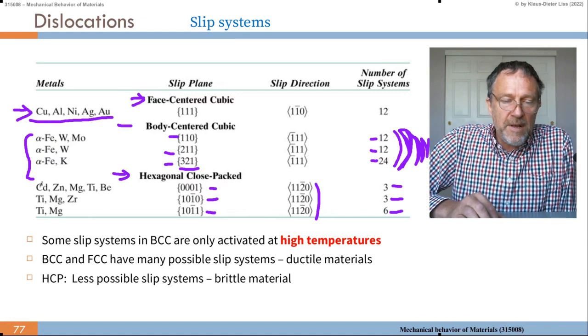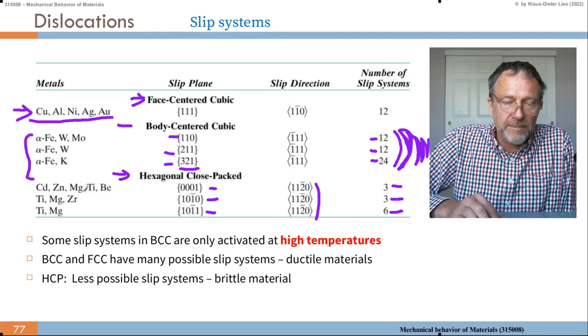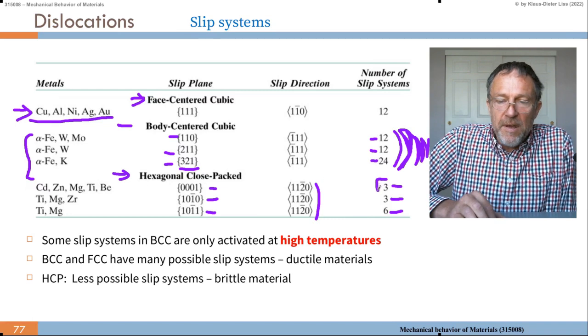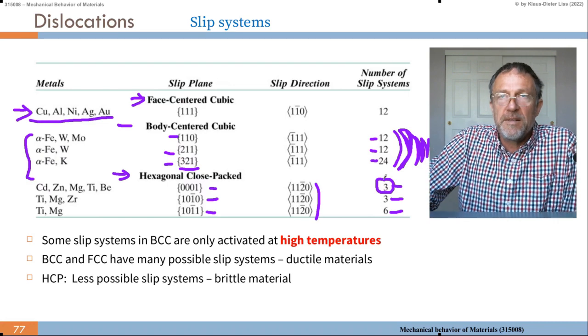So if we look up cadmium, zinc, beryllium, also magnesium at low temperature, it only works on one of the slip systems. I think the basal. Magnesium at low temperature, then we only have 3 slip systems.